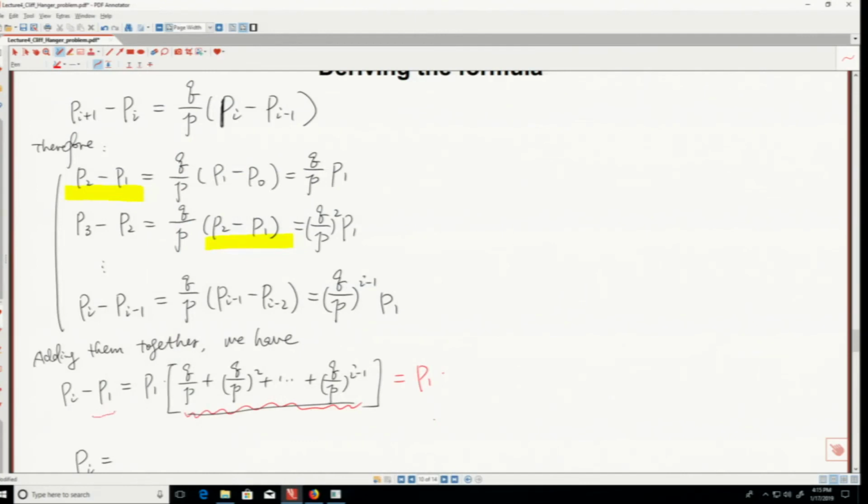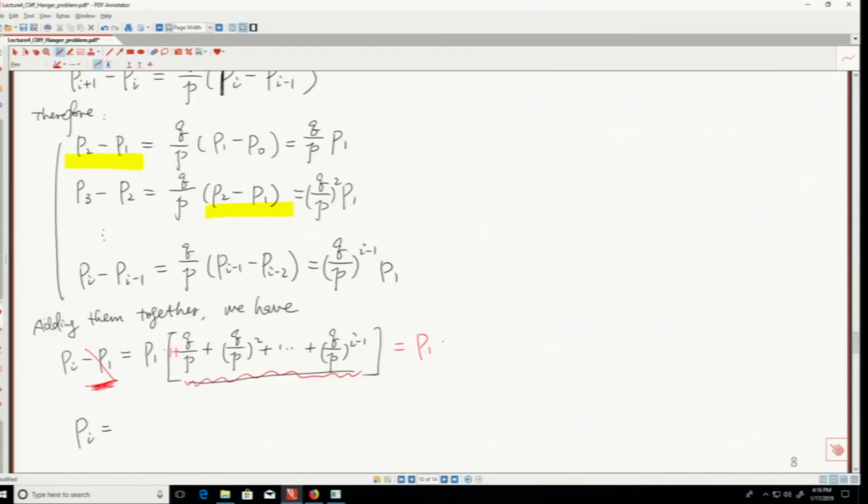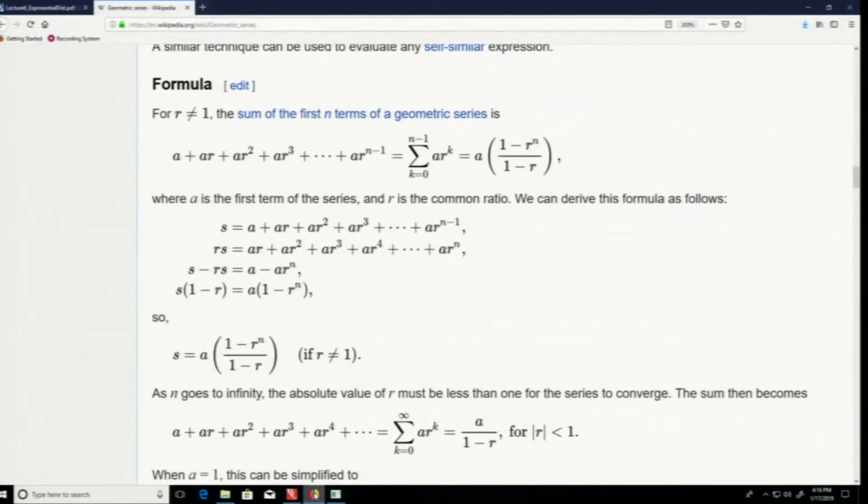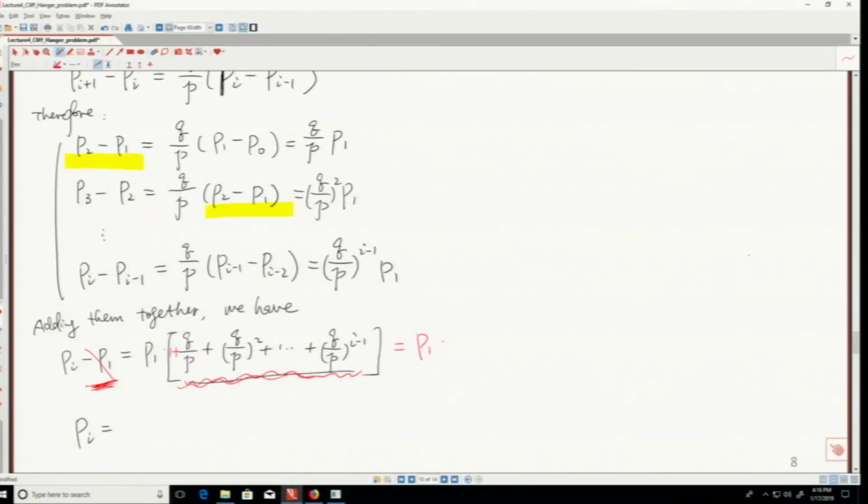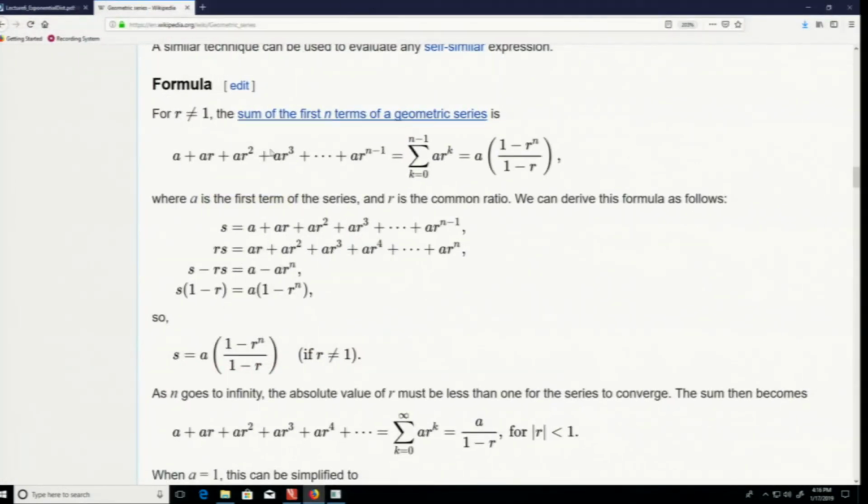But we have another term on this side. You see this? If we move this to this side, it will become 1 plus. Agree? So this equals 1 minus R to the n divided by 1 minus R. And if you want to know why this equals this, if you put this equal to S, then you multiply by R again, then you do the subtraction, you immediately solve the problem and you get S. Agree?